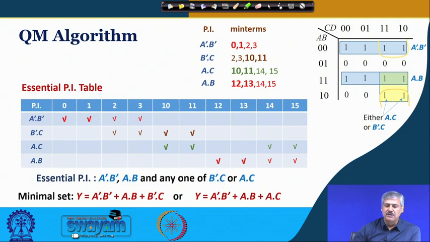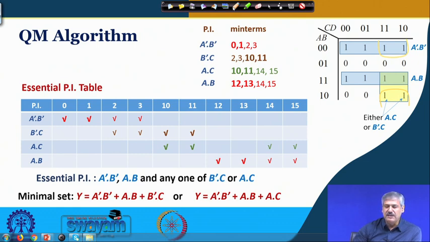To ascertain that, we shall look at the next step, which is called finding essential prime implicants. What does it do? In the essential prime implicant table, we are looking at the requirement of coverage of all the min terms by the prime implicants that we got in the previous step, through the prime implicant table.